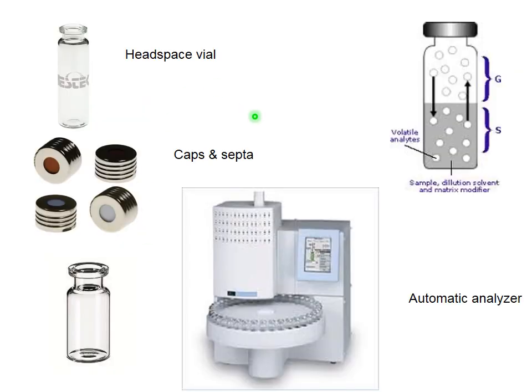Now, when your volatile compound is in liquid or solid, you can do so-called headspace analysis. You're placing your sample in a headspace vial, something like this or this. It can be liquid, can be solid, and then slightly gently heat it so volatile compounds will go into gaseous phase, above liquid or above solid.